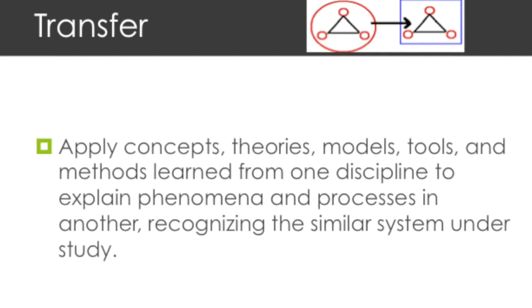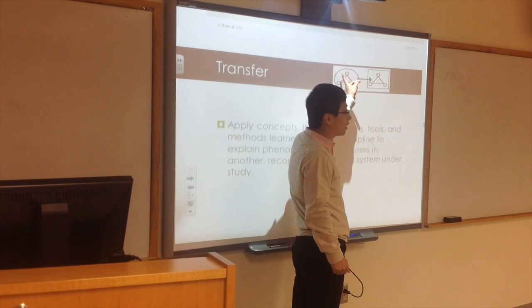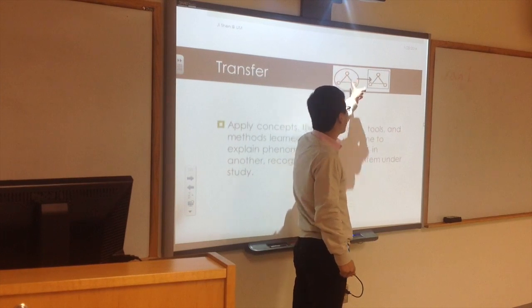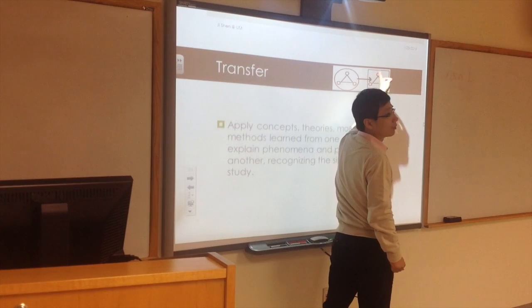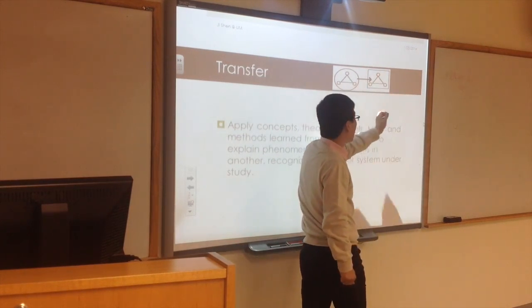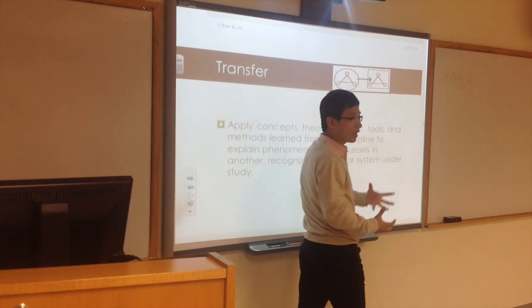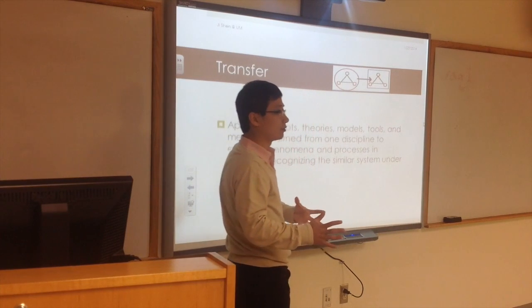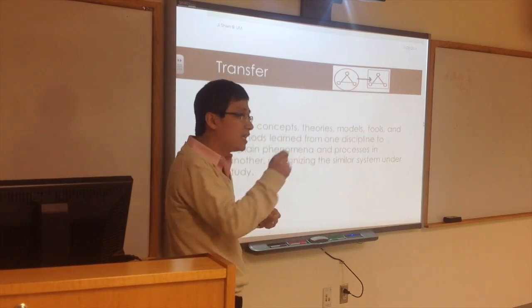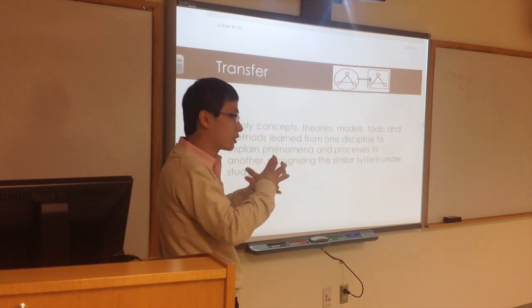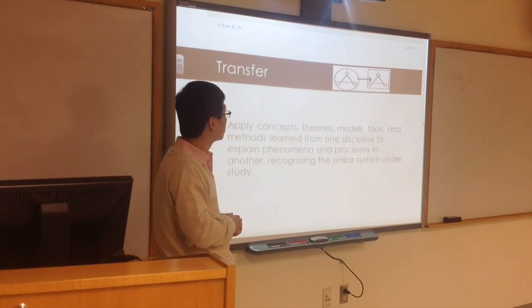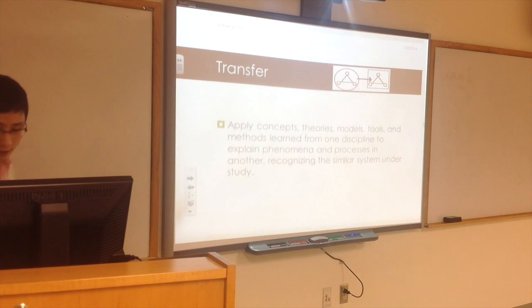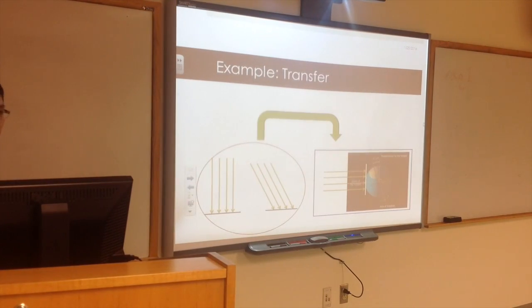So this little icon means, for instance, you've learned some knowledge, some structure in, say, math, and you apply it to a science context, the blue box. But keep in mind, the central core structure does not change. Okay? The meaning of slope, that core structure, does not necessarily change, right?